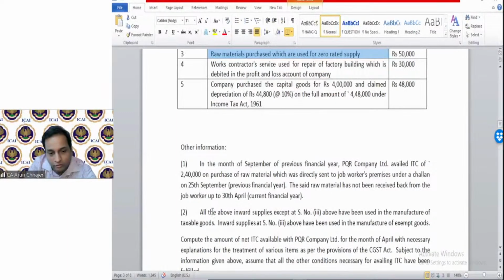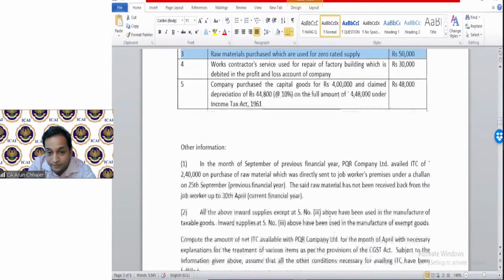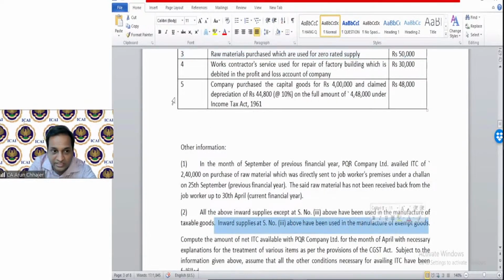Check all the above inward supplies except serial number 3. Serial number 3 has been used in the manufacturing of taxable goods. Inward supplies at serial number 3 above have been used in the manufacturing of exempted goods. So it means zero rated supply, basically export of an exempted item.